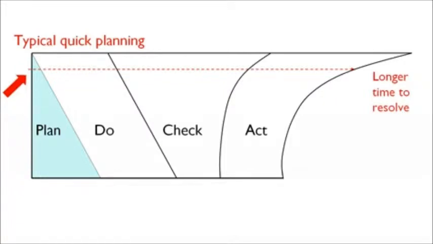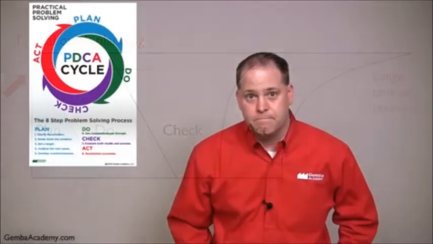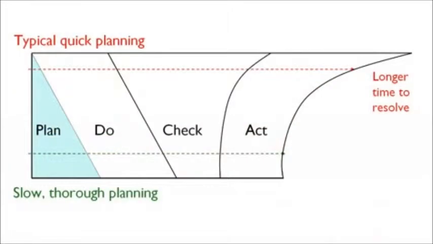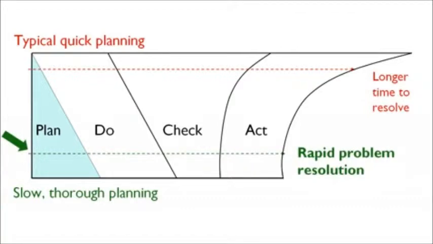In other words, this organization rushed through the planning phase only to pay for this hastiness in the check and act phases. And on the other hand, when an organization takes the time to do slow, thorough planning as prescribed in the practical problem-solving approach, they're far more likely to solve their problems faster and far more efficiently, as we see here.